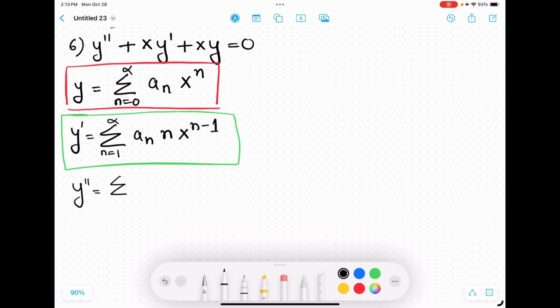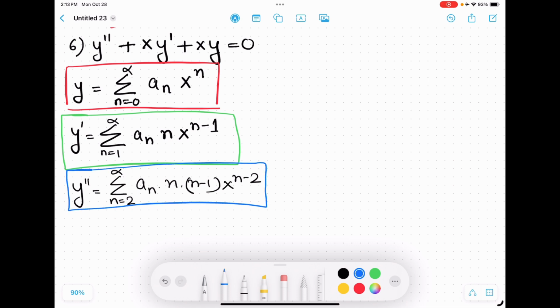Again, our starting index increases by 1, so now it's 2 to infinity a sub n times n minus 1 x to the power n minus 2. And we know that this one gets our blue box.